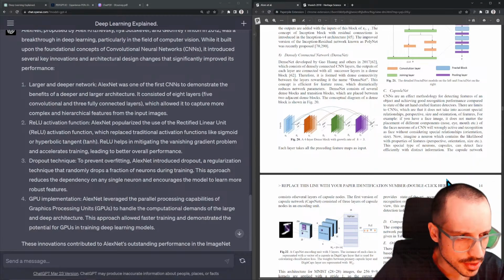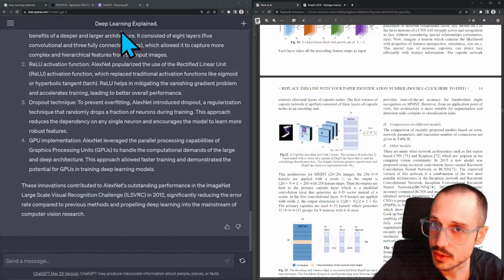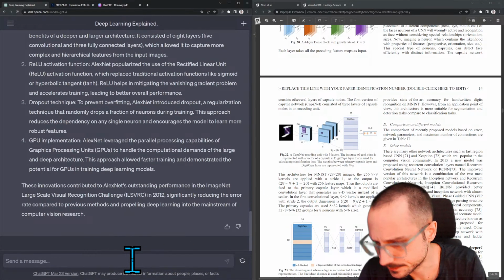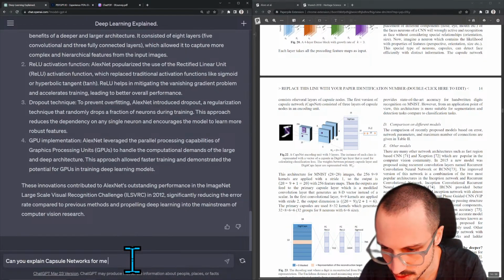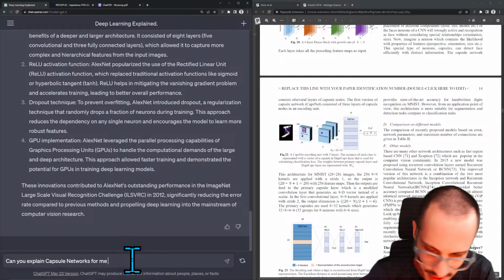I think capsule nets are potentially obscure enough that maybe GPT-4 might not know. Let's see if it knows about it. Can you explain capsule networks for me? Actually, let's try something crazy here.